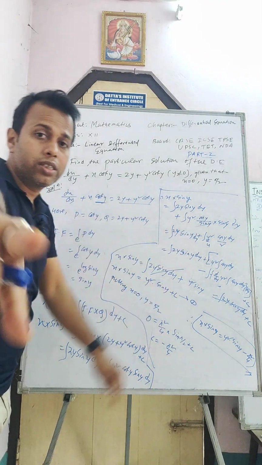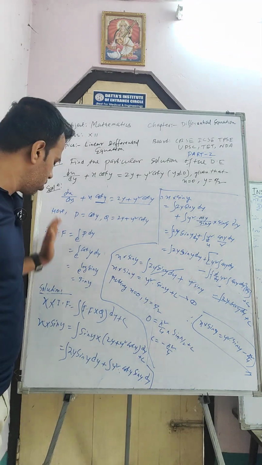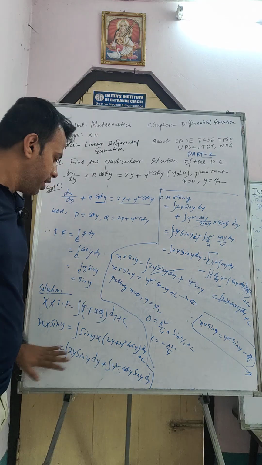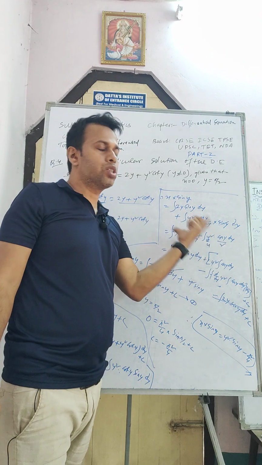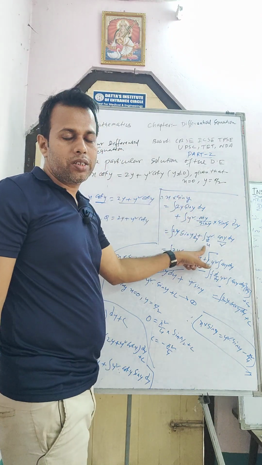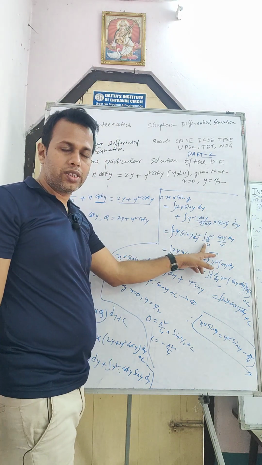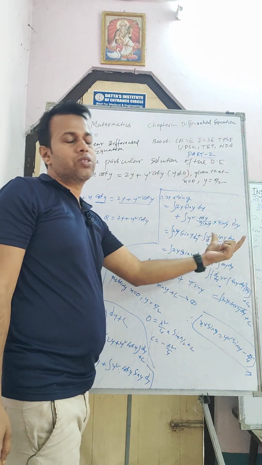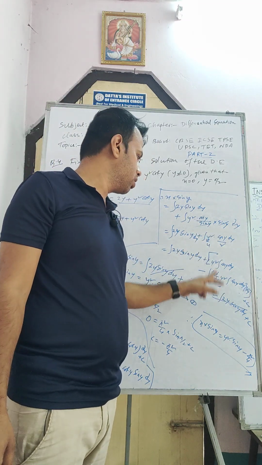Okay, so let me explain in 10 seconds. First I write this one, P is here, Q is here. I find the integrating factor, then use the formula of the solution. I write it, and after that I multiply, and then two terms came. Which one will we do? We take the u whose differentiation matches the other term. If I differentiate here, it matches this term. So this term will be done using integration by parts, and after using it, this term and that term will be cancelled out.